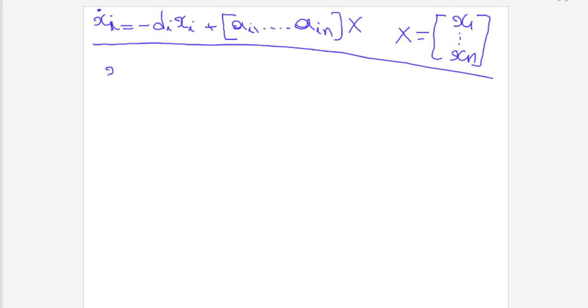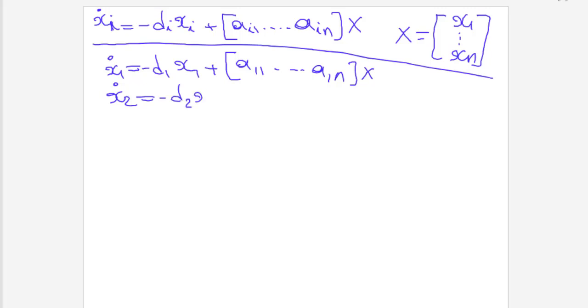Let me rewrite the dynamic as follows. x1 dot equal to minus d1 x1 plus a11 to a1n multiplied by x. x2 dot equal to, based on this equation, minus d2 x2 plus a21 through a2n multiplied by x.